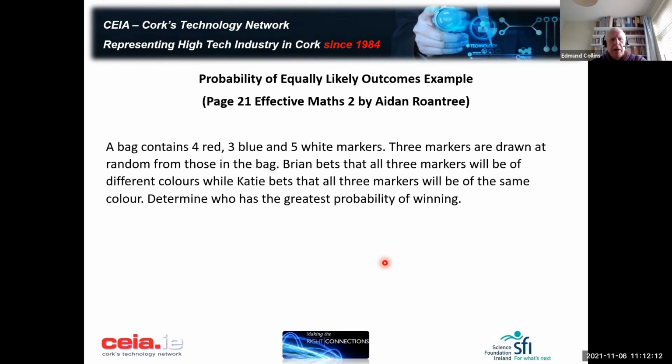A bag contains 4 red, 3 blue, and 5 white markers. 3 markers are drawn at random from those in the bag. Brian bets that all 3 markers will be of different colors, while Katie bets that all 3 markers will be of the same color. So the question is, determine who has the greatest probability of winning the bet.